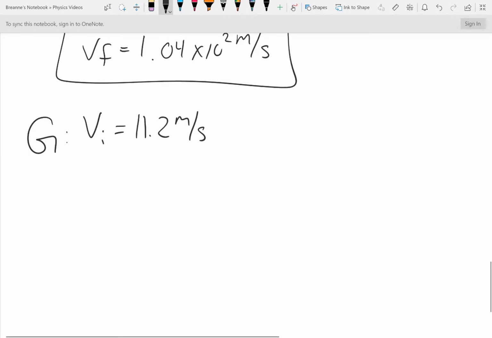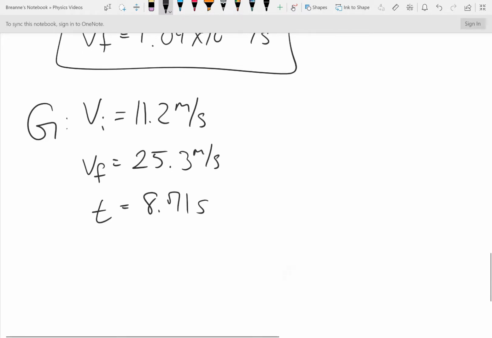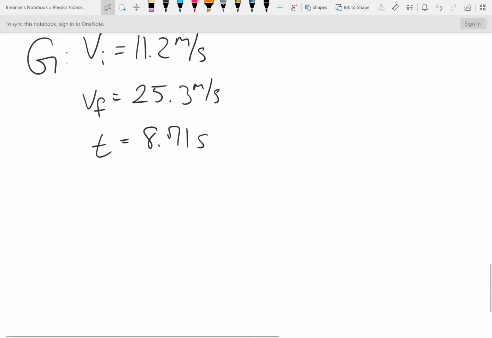Well, hopefully you said initial, because it comes first. Your final velocity would be 25.3 meters per second. And then it gives us in 8.71 seconds, so our time would be 8.71 seconds. At the very beginning, it says, what is the acceleration? So our unknown is acceleration.